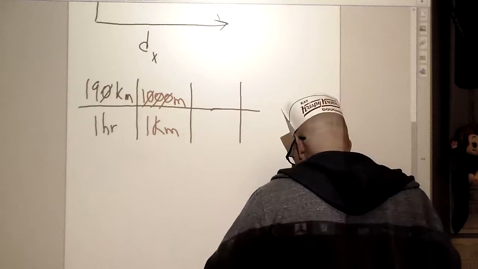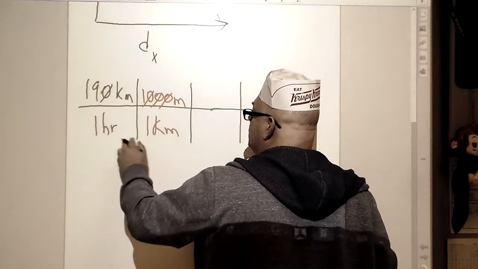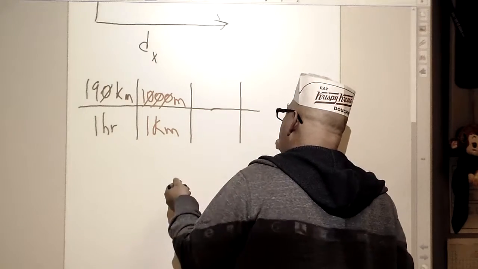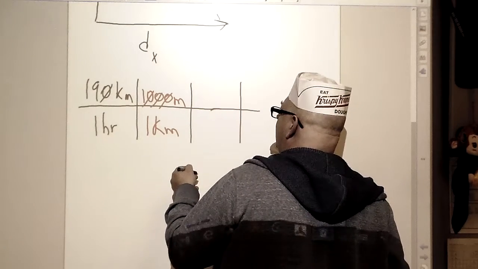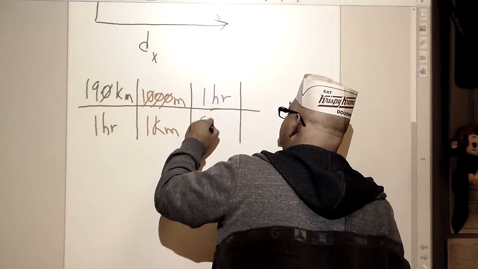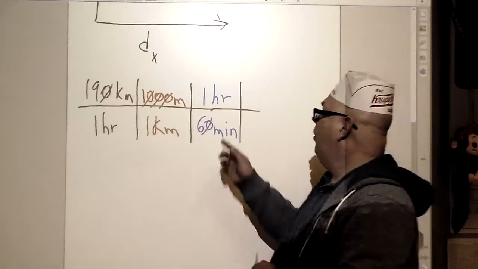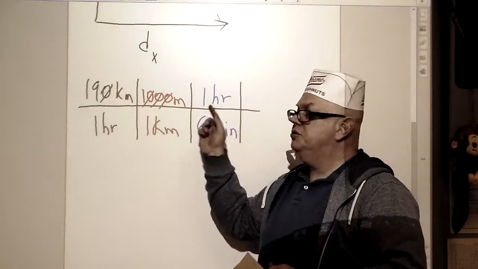So we've done that. We've taken care of our kilometers. Now let's look at the hour. In 1 hour, I have 60 minutes. You might ask why I put that up there. This is a bridge notation thing.